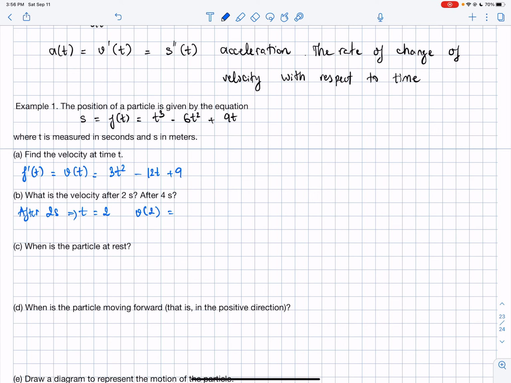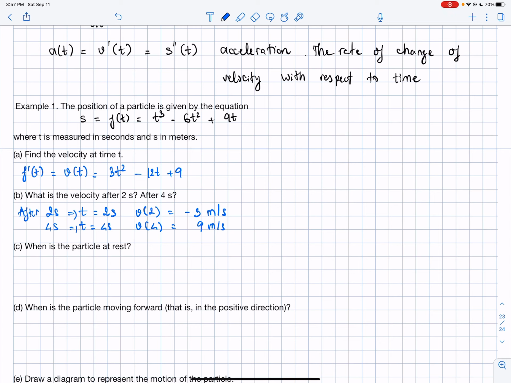That means we evaluate the function v at t equal to 2, and we will get the answer is negative 3 meters per second. And the velocity after 4 seconds, that means we will plug in 4 into the function v, and we will get the answer is 9 meters per second.